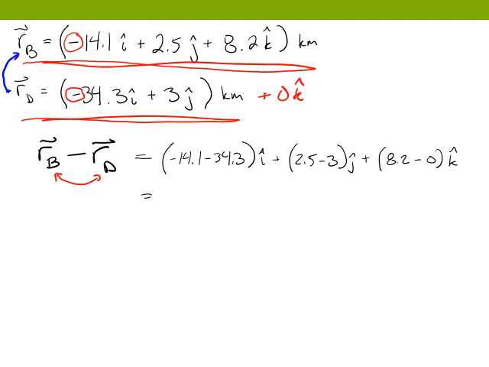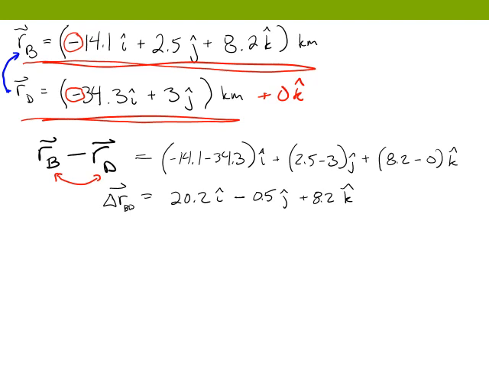And when you work that out, you should get values of 20.2 i hat minus 0.5 j hat plus 8.2 k hat. That is my displacement vector. And again, that's my displacement from the Douglas to the Boeing, for moving from the Douglas to the Boeing. All right, there's my displacement vector.